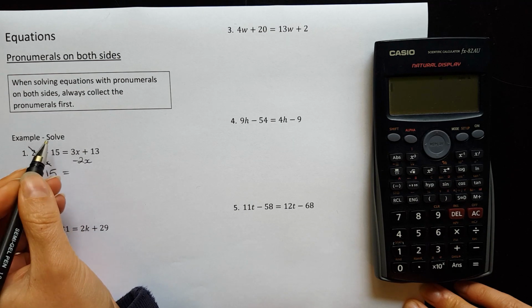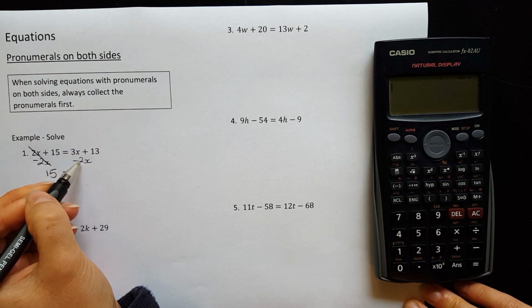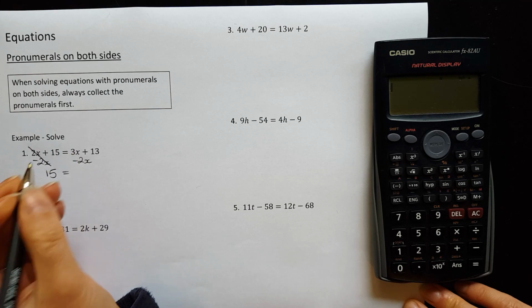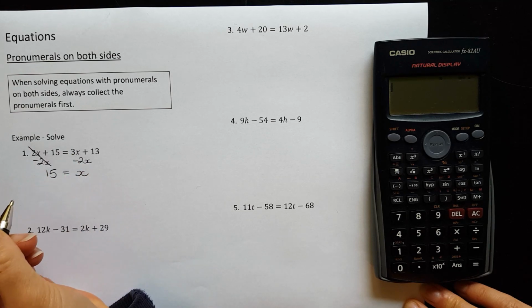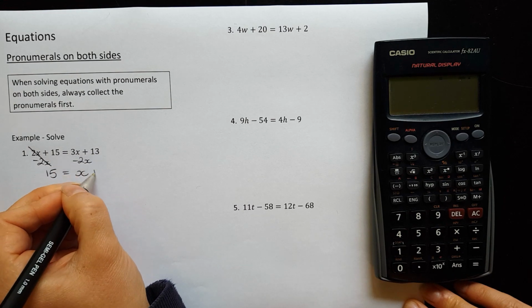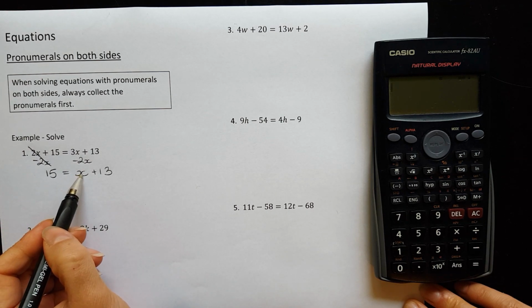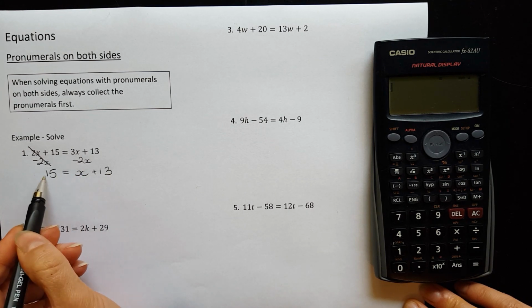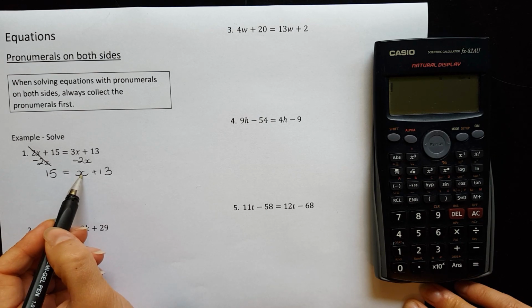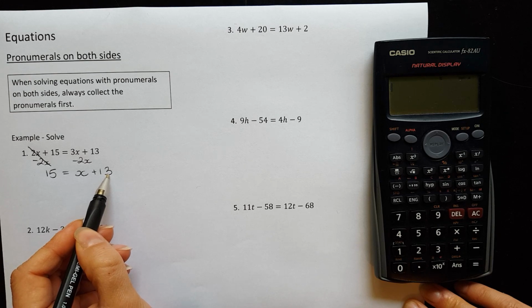But on this side, when I subtract 3x minus 2x, 3 minus 2 is 1x, or just x. So I still have an x term over here, and I also have a positive 13. Now I only have one pronumeral left in my equation, and I want to get it by itself. So that means this 13 here has to go.